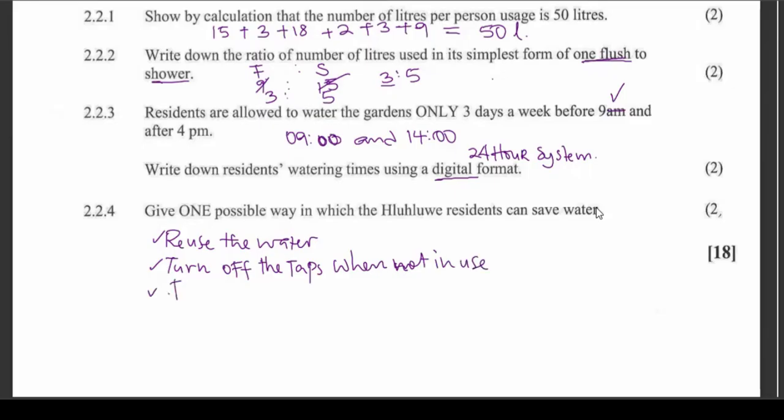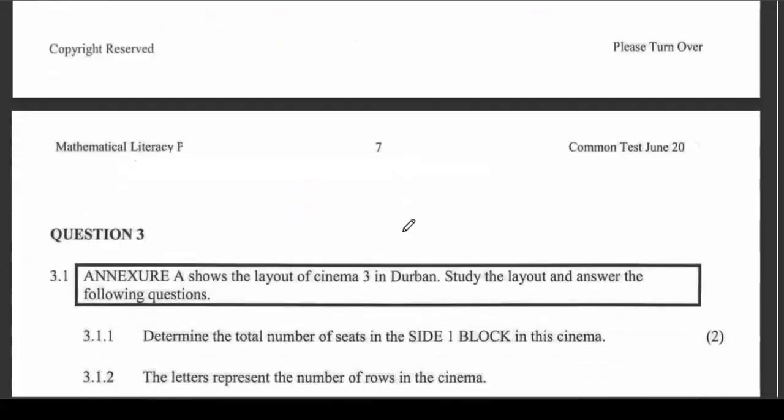Number 3, fix all the pipe leakages. Any leakages that you have there, fix them. Among other reasons, you give your reasons. Okay, let's look at question number 3.